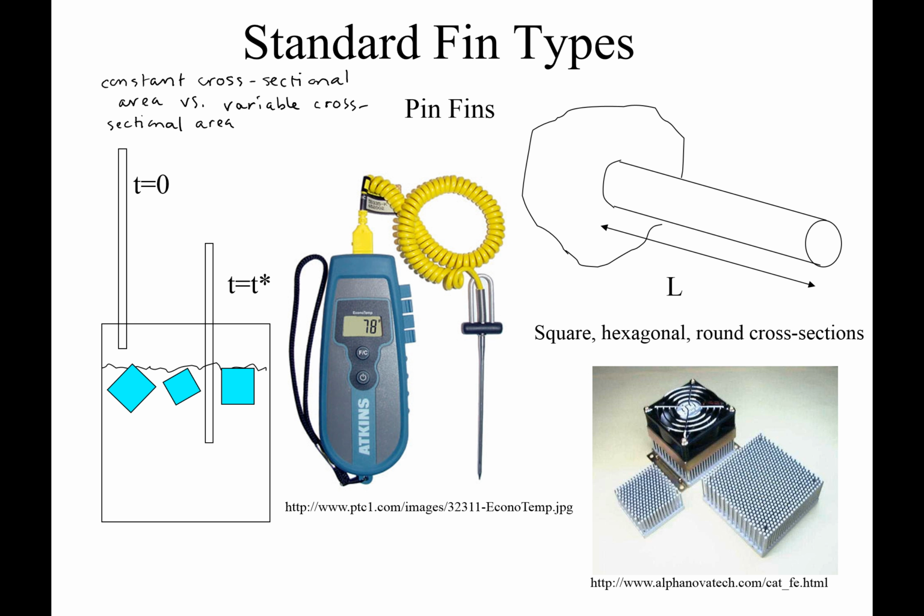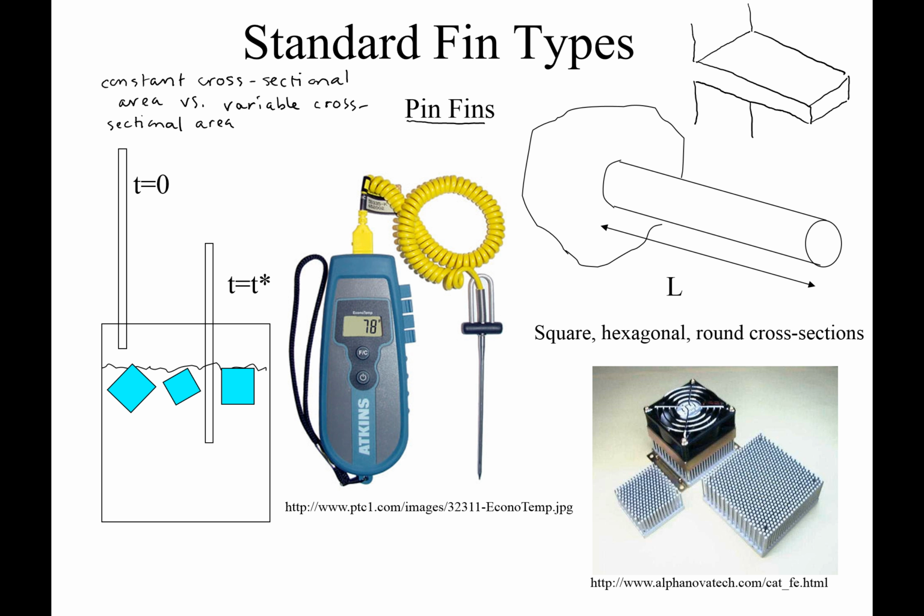So the simplest type of constant cross-sectional area fin might be considered the pin fin, and we'll contrast this, and we'll see that there are similarities. It looks like a pin, a long, slender, cylindrical rod, as compared to another type of fin, where you imagine that you have a wall, and protruding from this wall is some sort of rectangular object.